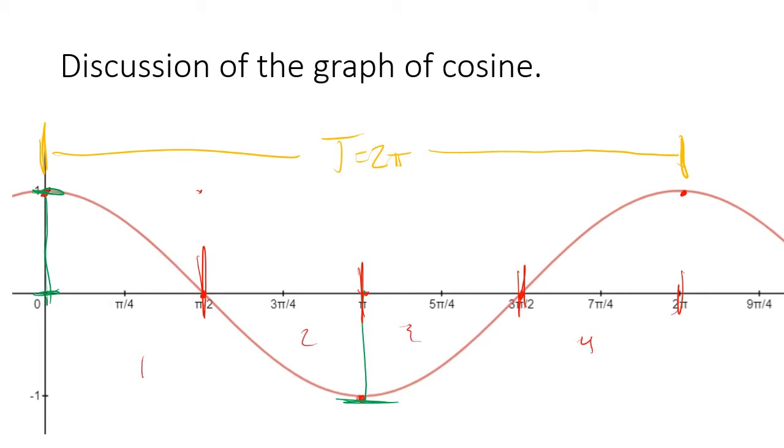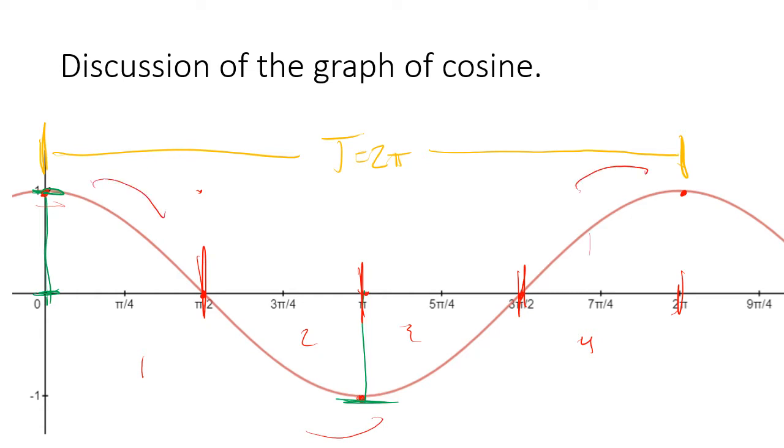And also, it starts at 1 and it does this decreasing at an increasing rate, so this concave down shape. And then, I'm sorry, I'm trying to erase this. Then it does this increasing at a decreasing rate, which is this concave up shape, right? It's concave up, concave down, concave up, concave down.